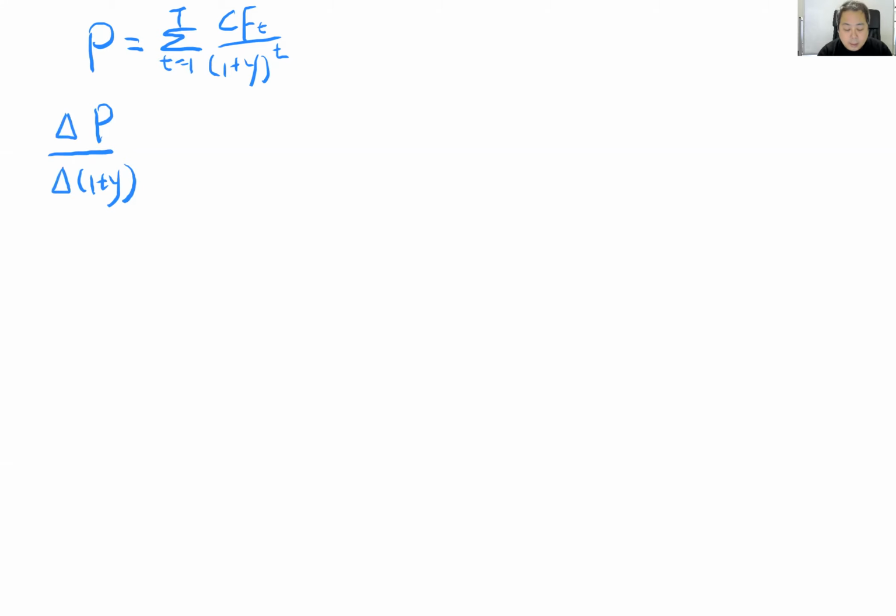Let me rewrite this: it equals the sum of cash flow at t times (1 plus y) to the negative t.